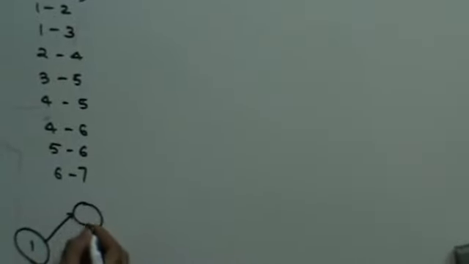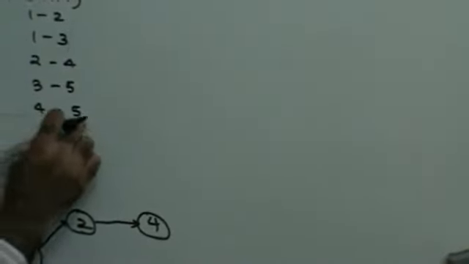So from event 1, this is another way of representing the same thing. From event 1 you go to event 2. From event 1 you go to event 3, right? From event 2 you go to event 4, from event 3 you go to event 5, from event 4 you go to 5.